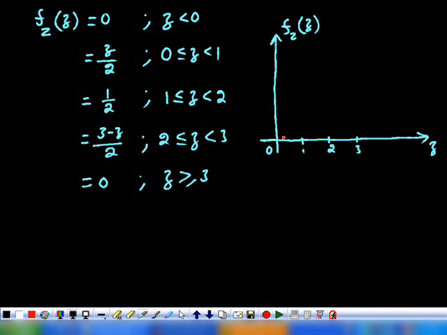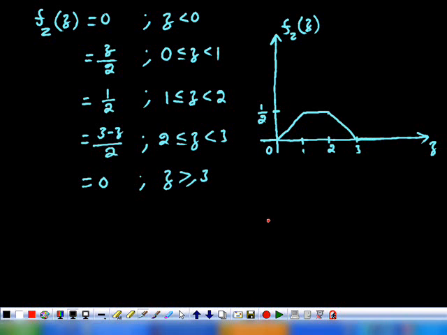Its slope is 1 by 2. And from 1 to 2 it is constant, which is equivalent to 1 by 2. And 2 to 3, again it is a straight line, but the slope is negative. So this is the fz of z.